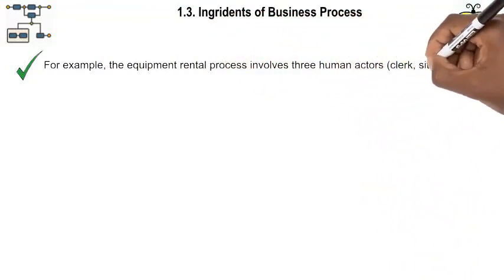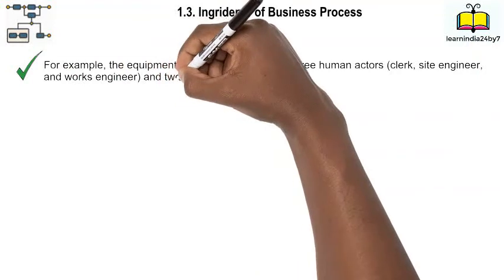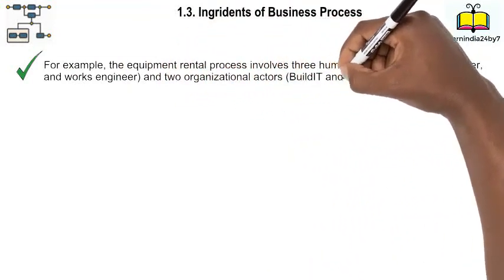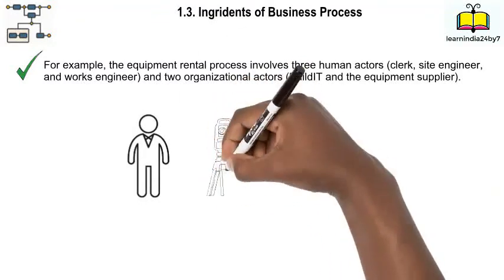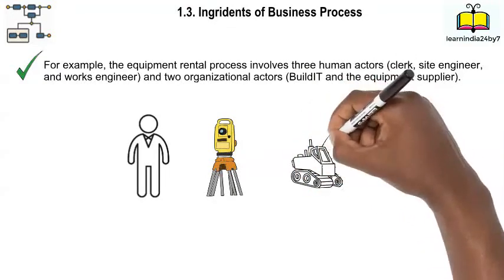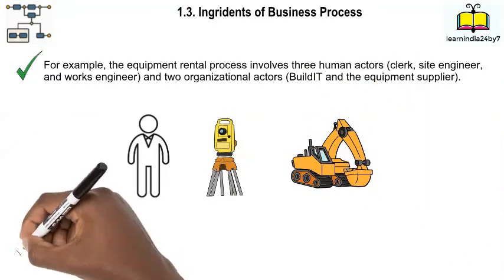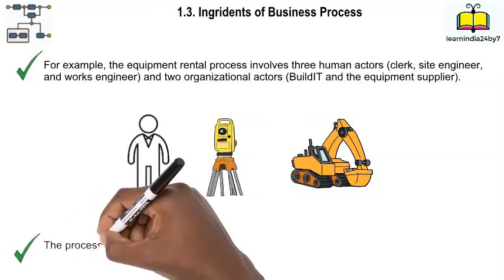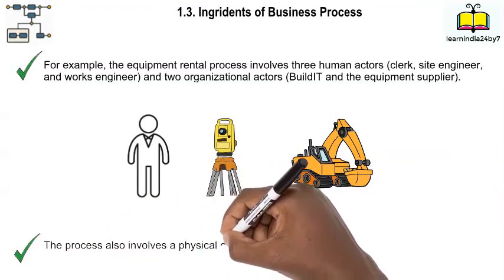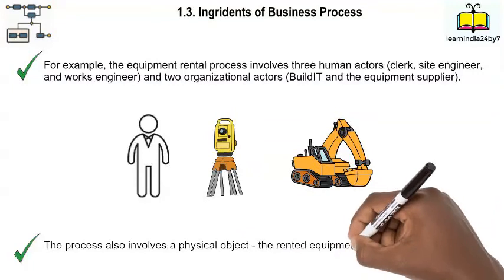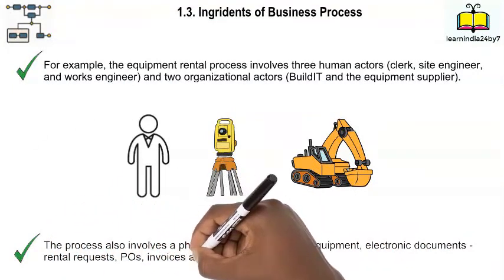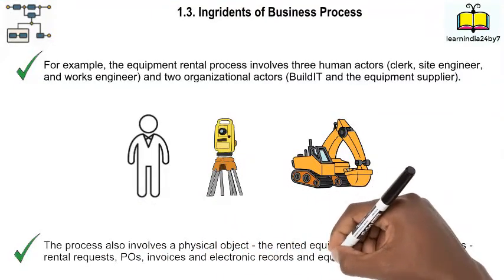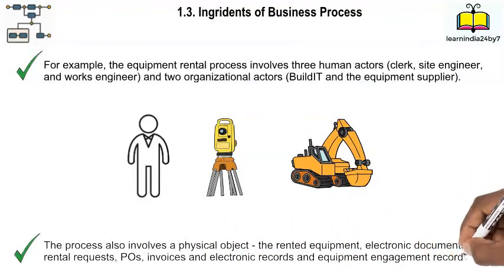For example, the equipment rental process involves three human actors, namely clerk, site engineer, and works engineer, and two organizational actors, Build IT and equipment supplier. The business process also involves physical objects, the rented equipment, and electronic documents like rental requests, POs, invoices, and electronic records.